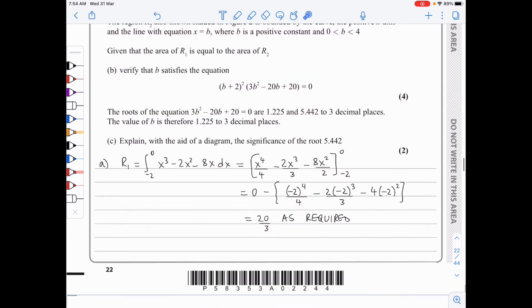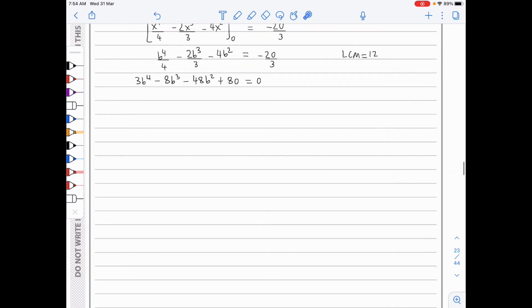So (b + 2) squared, brackets 3b squared minus 20b plus 20. I don't know whether it's 0, I will expand it.